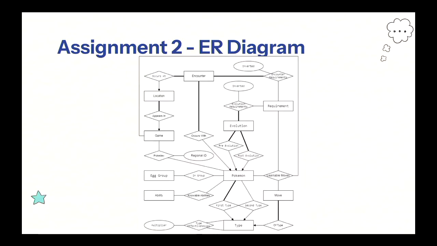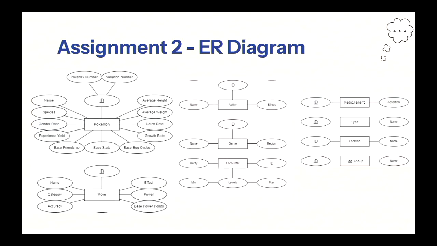And this is about the relations between different entities. And here are all the attributes for each entity. In total, we have 9 different types of entities in this database. And the entity with the most attributes is the Pokemon.